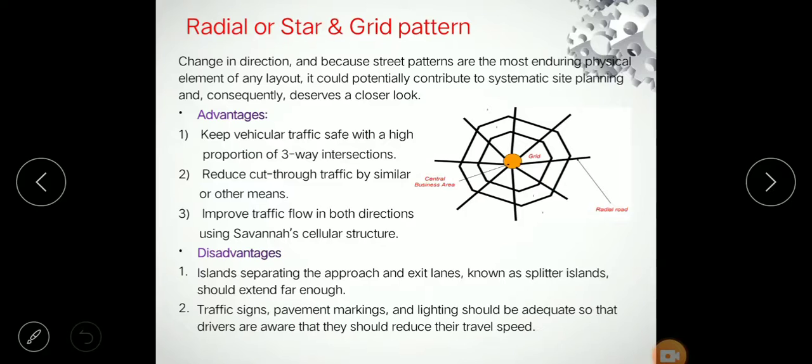Now the fourth is the radial or star and grid pattern. The change in direction, and because the street patterns are the most enduring physical element of any layout, could potentially contribute to systematic site planning and consequently deserve a closer look.